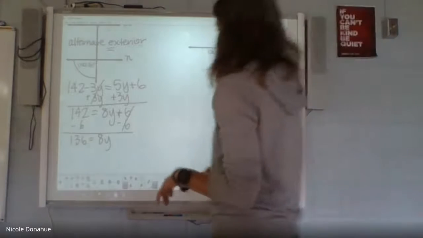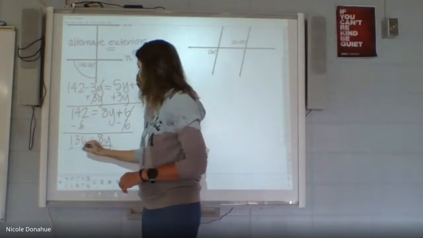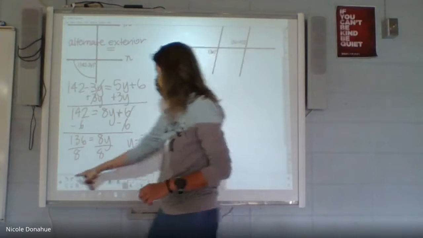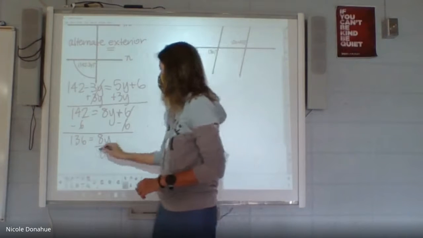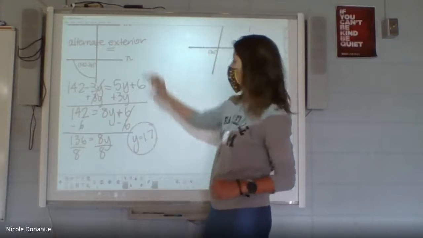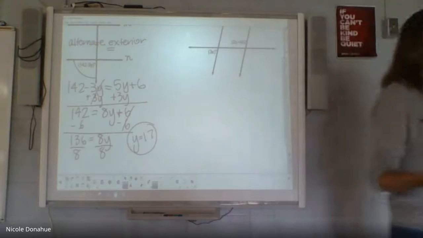And then I can divide by 8. Find out y would have to be 17, is it? Yeah. So this would be the y value that would make those 2 lines parallel.